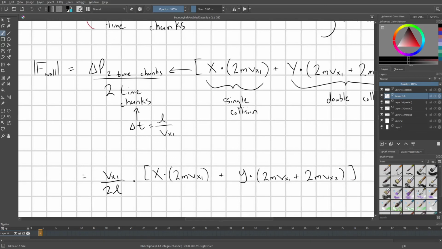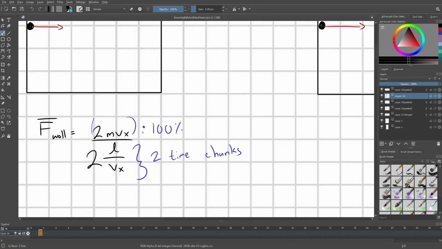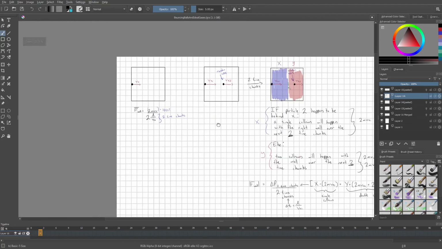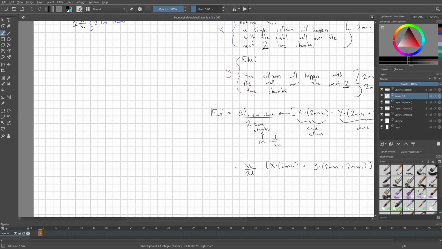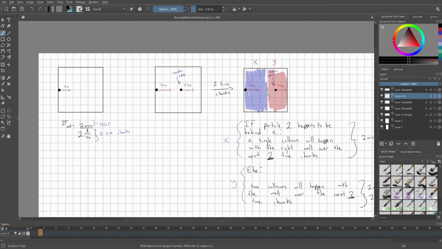And let's complete this analogy. In this situation, we only had one momentum transfer, and it only happened 100% of the time, right? There was only a single situation that could happen. So, this would have just been times 1. And everything else lines up more or less exactly the same with our first situation on the left there.